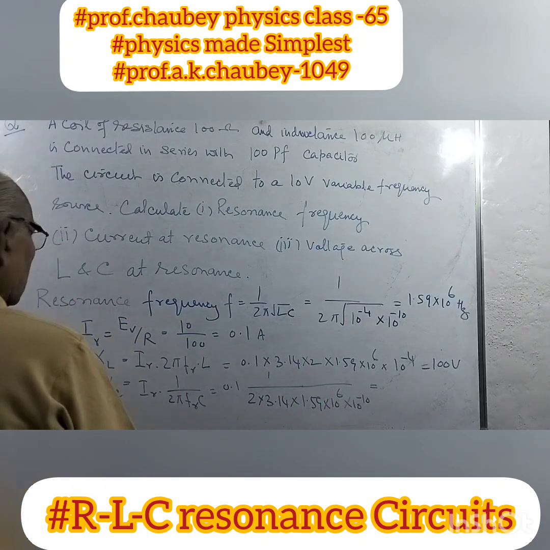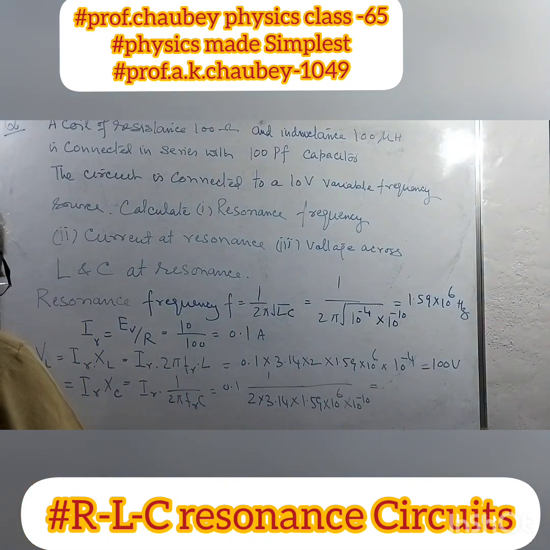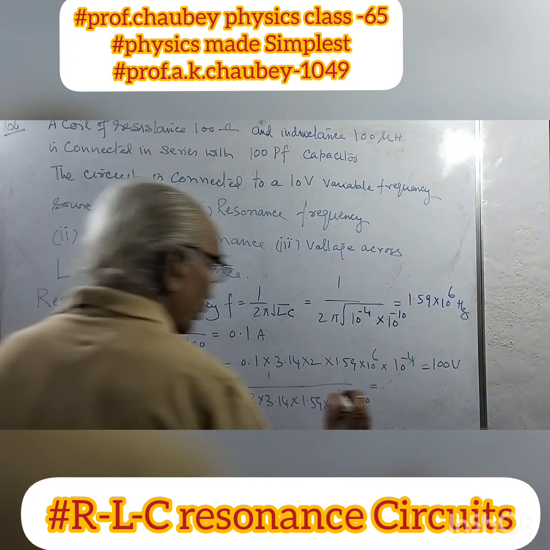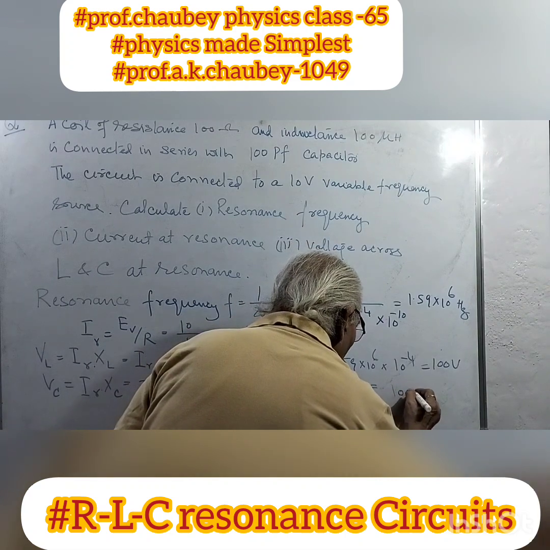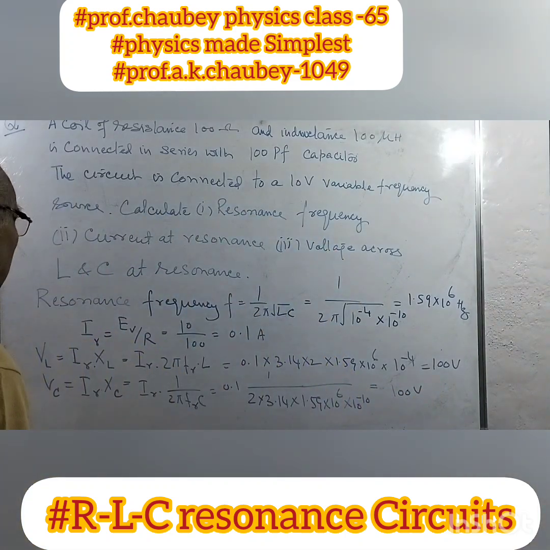So you can multiply and you will see that this value is also 100 volt, because voltage across C and voltage across L are equal. That is the resonance, series resonance. So this gives you the solution of the problem.